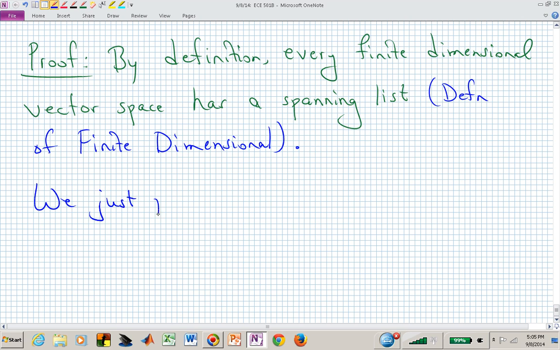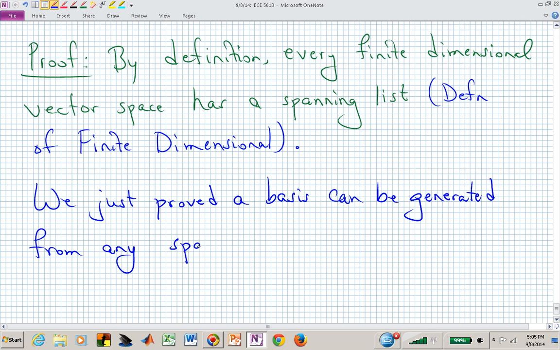We just proved a basis can be generated from any spanning list.